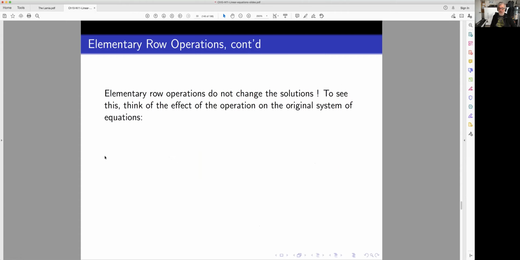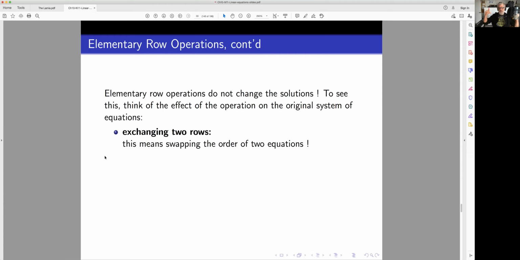What's super important is that these operations do not change the solutions of the system. I'm going to try to convince you of this. For the first one, you have to think in terms of the original system of equations. If I'm exchanging two rows, what am I doing to the system?